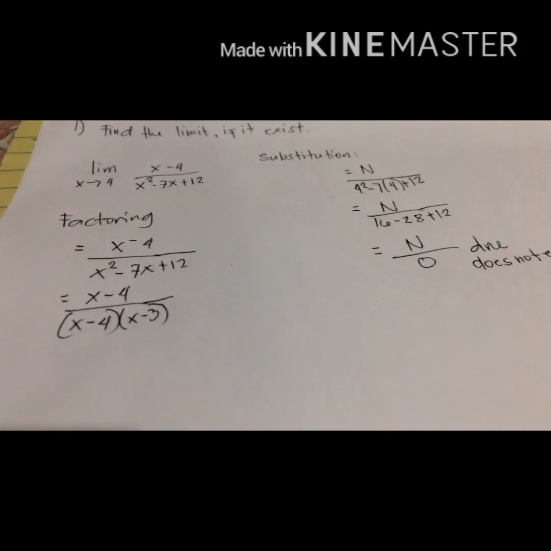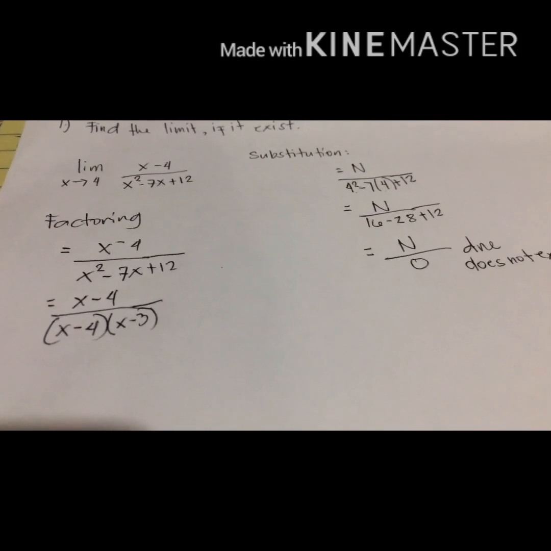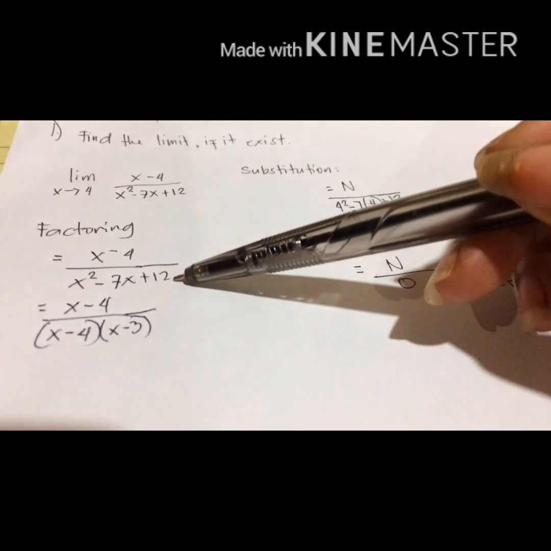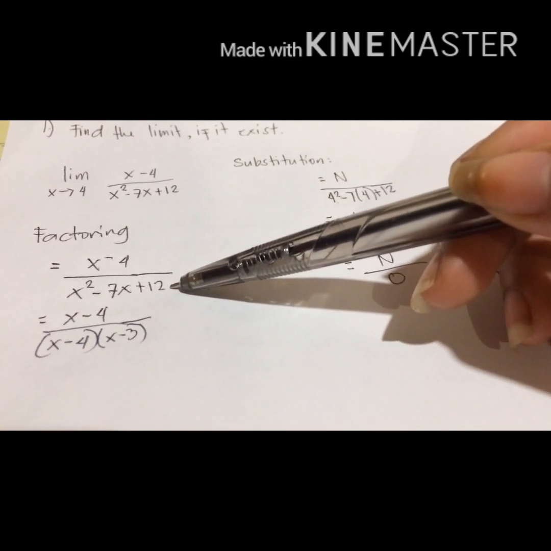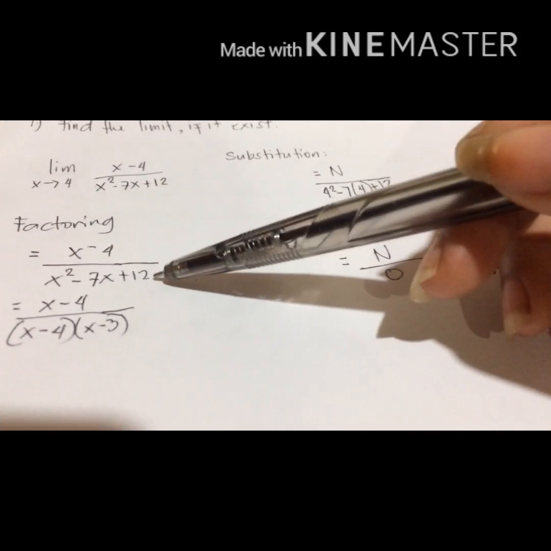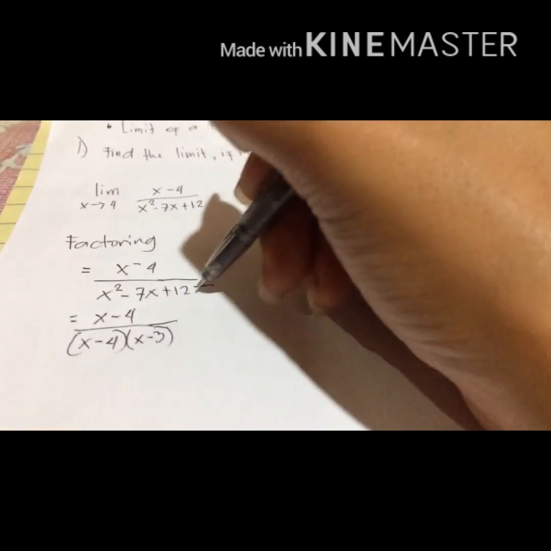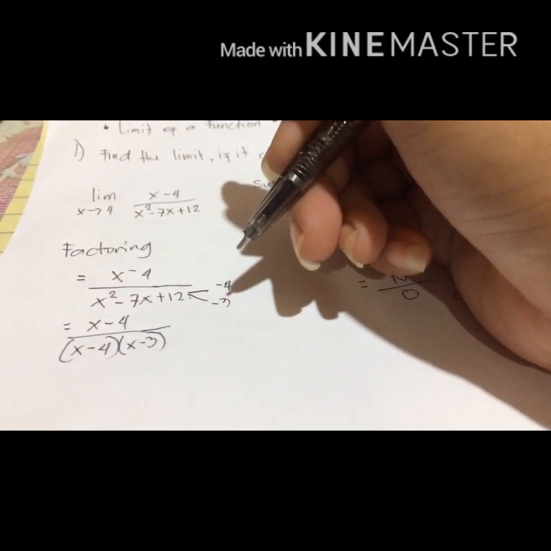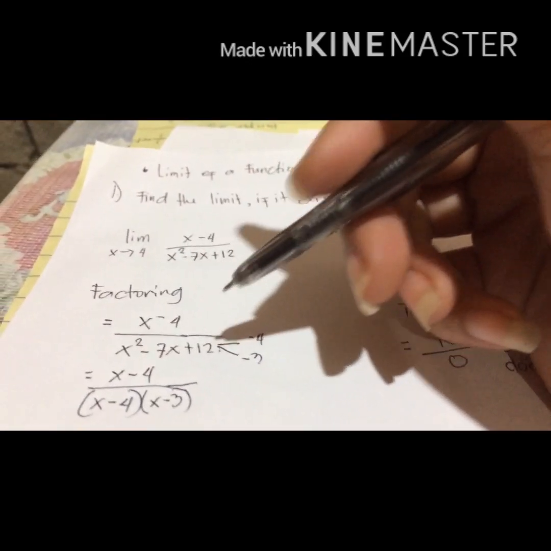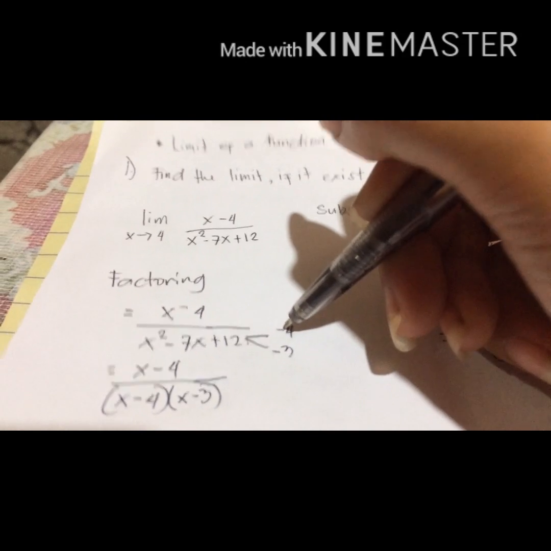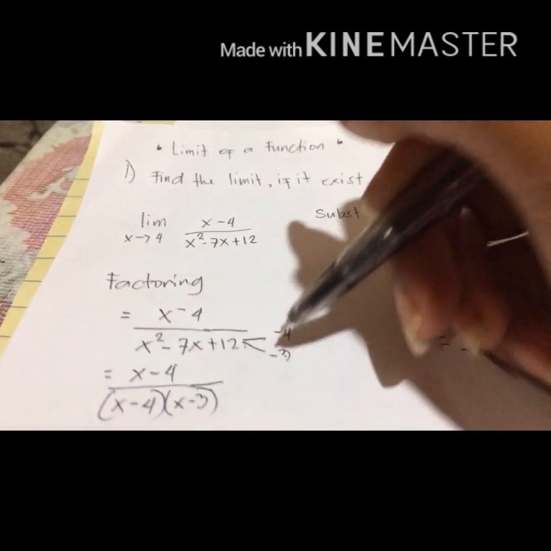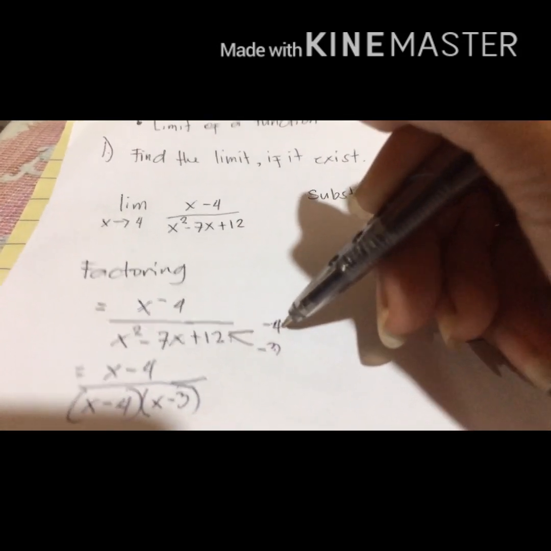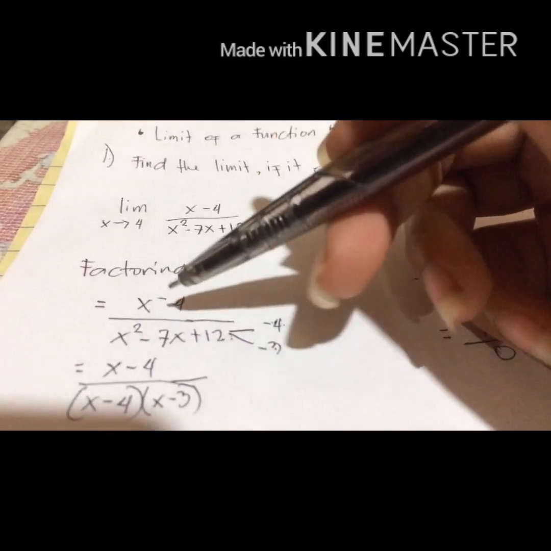So where did I get the x minus 4 and x minus 3? 12 is factorable. The factors of 12 are negative 4 and negative 3. If we multiply negative 4 times negative 3, it is positive 12. If we add negative 4 plus negative 3, it equals negative 7.